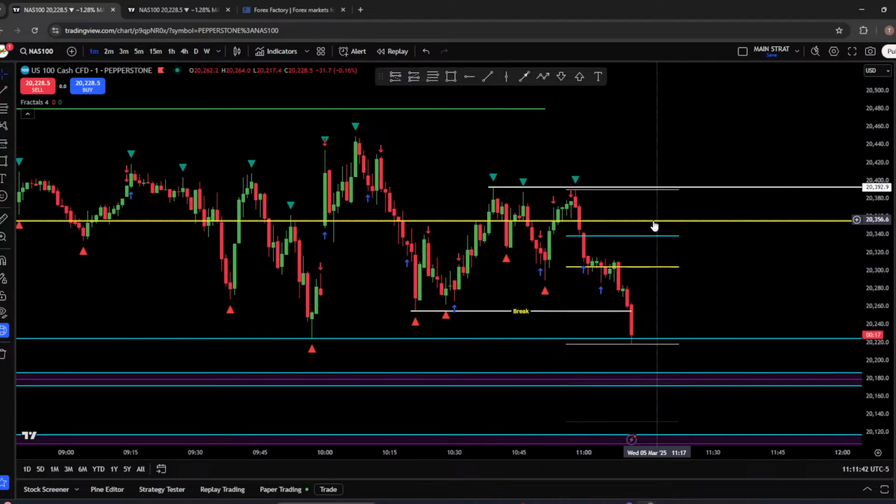I'm glad we stuck with that trade. Very happy for where my stop loss was placed. It kicked out the people that were short, and then it drove the price lower.